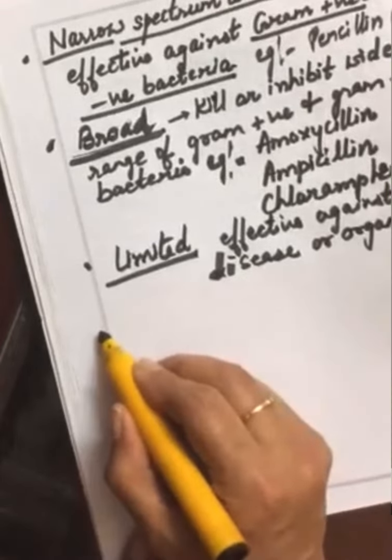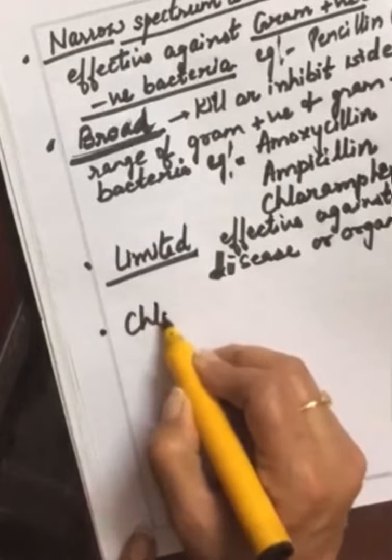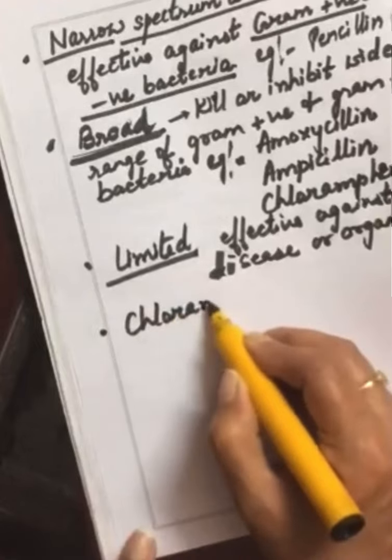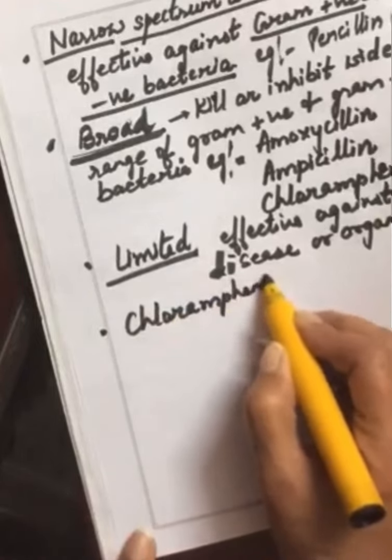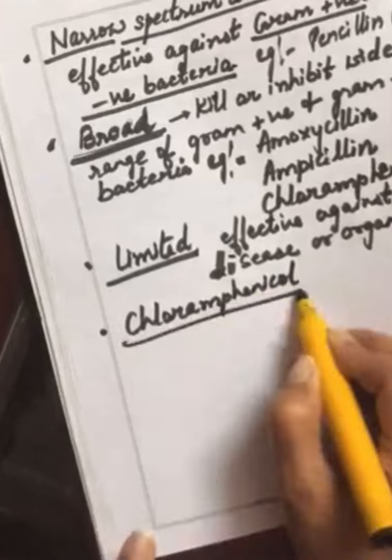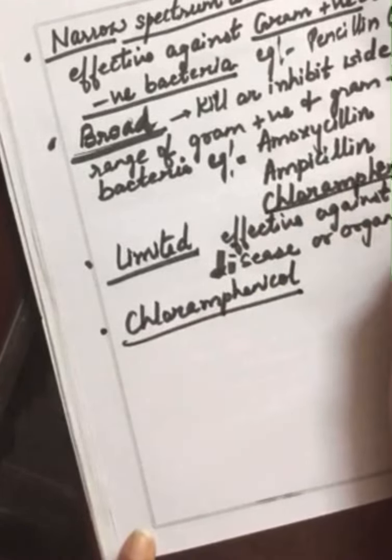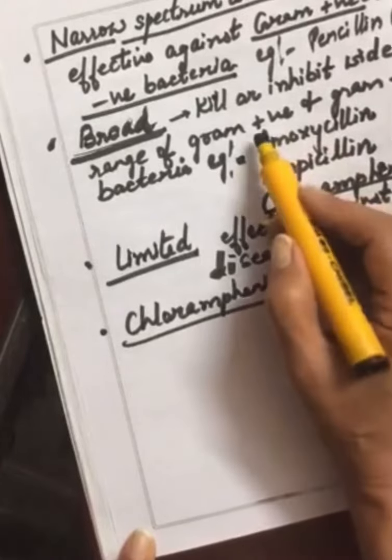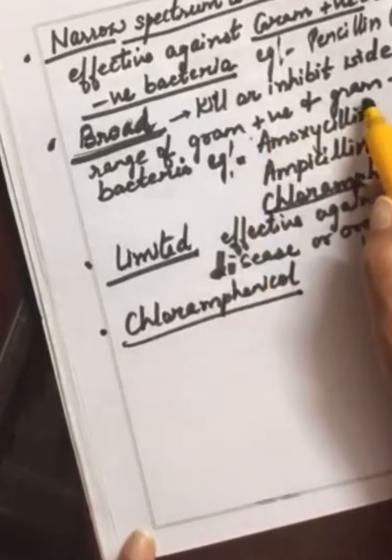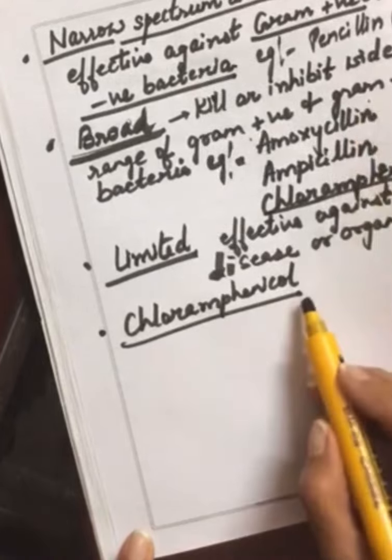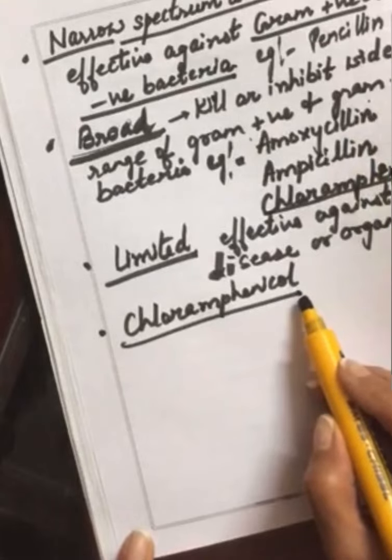Now, one thing more about the medicine chloramphenicol. Since it is broad spectrum, it is effective against gram-positive as well as gram-negative bacteria. That means for a number of diseases, one medicine can be used.